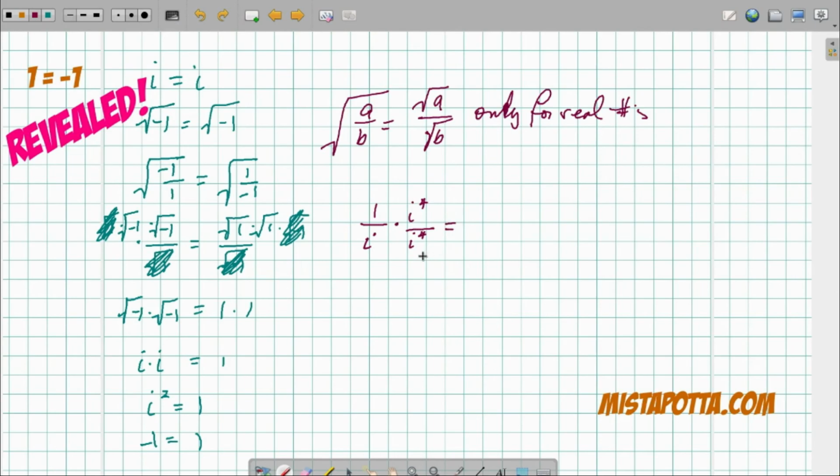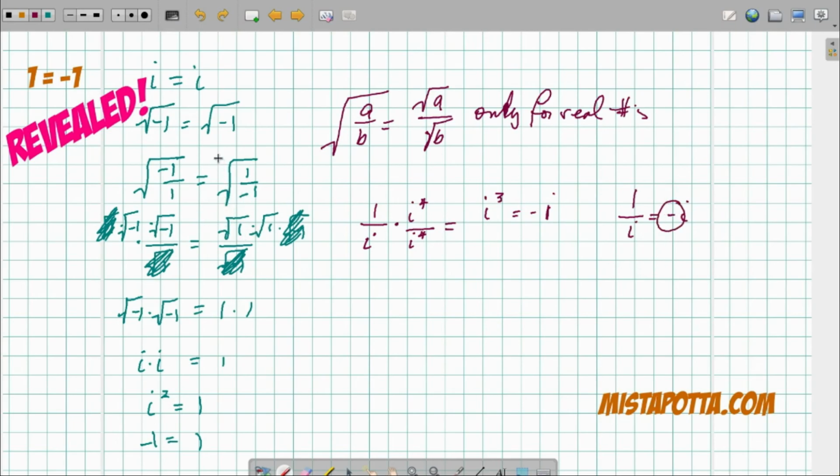And what actually happens here is I end up with an i cubed. And this i cubed is really -i. So 1 over i is really equal to -i. And so this is where the additional negative sign actually gets inserted.